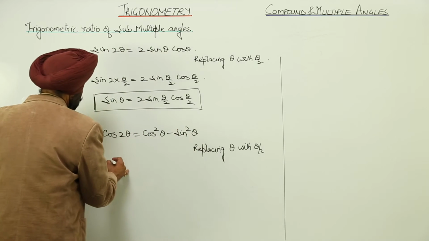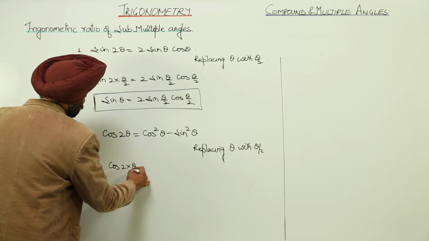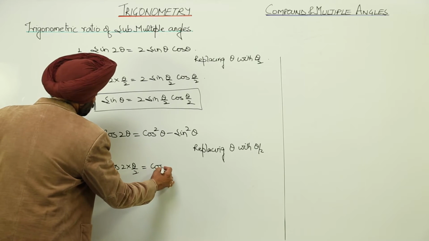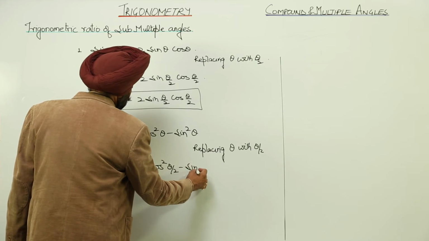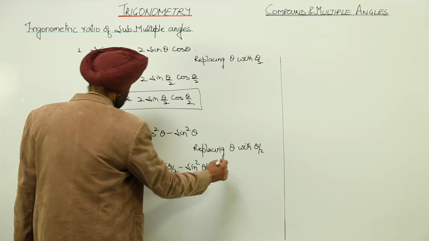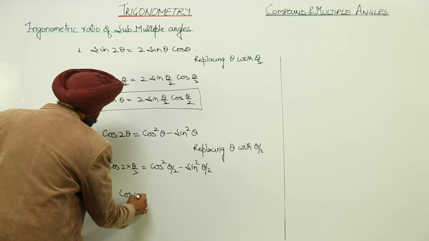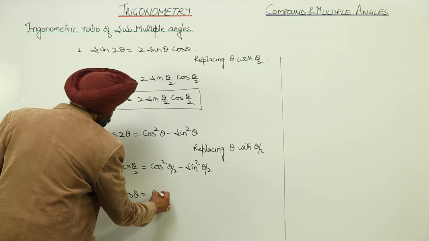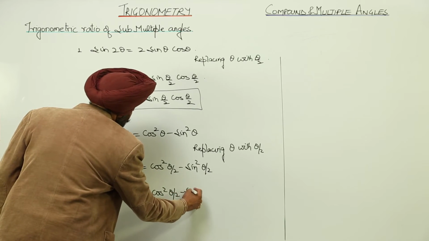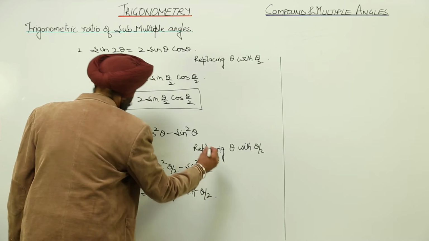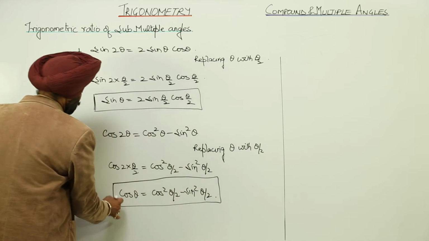Now what are we getting? Cos 2 times theta by 2 is equal to cos square theta by 2 minus sin square theta by 2. Okay. So cos theta is what? Cos theta is equal to cos square theta by 2 minus sin square theta by 2.